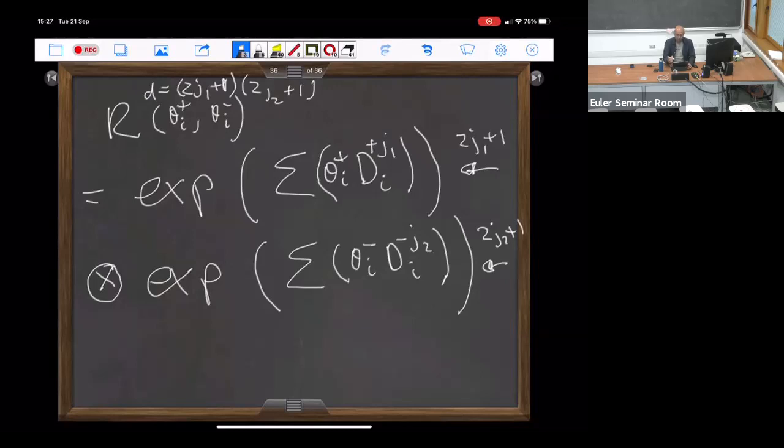Now that we have the tensor product representation, what we have to do is just expand the exponentials. And that will give us the algebra representation matrices. So let's do that, and then next time we will explore the formulae in more detail.